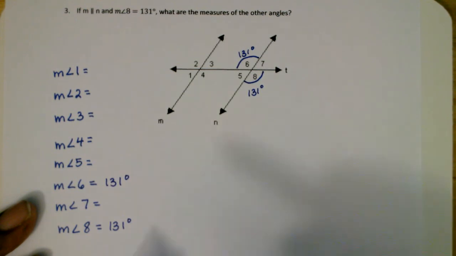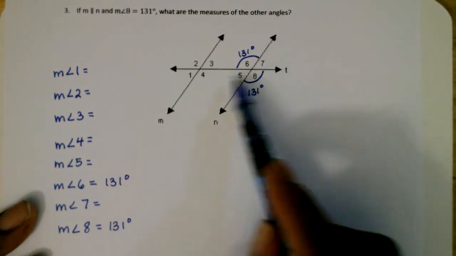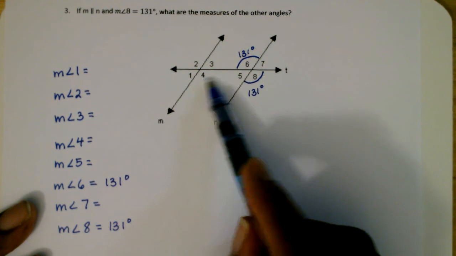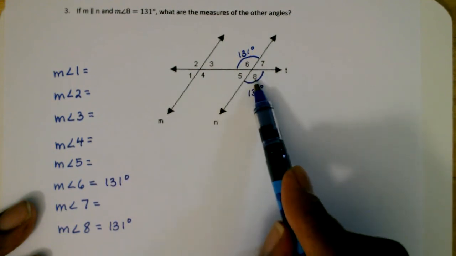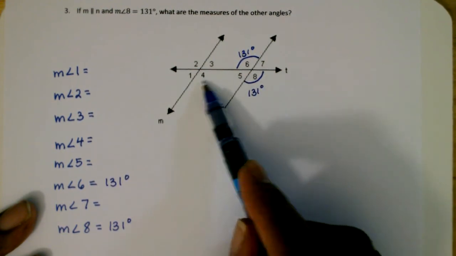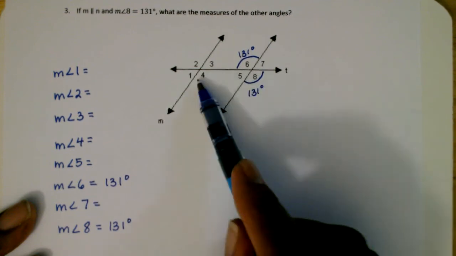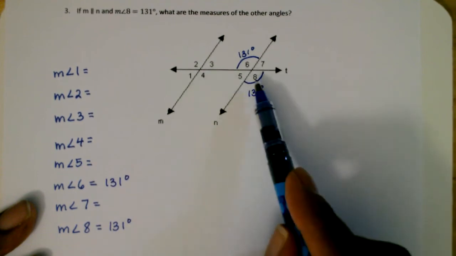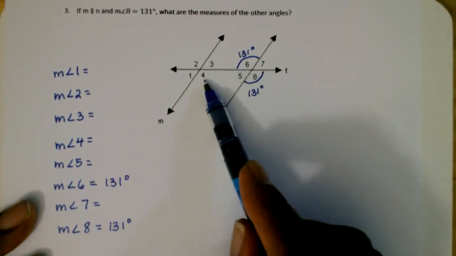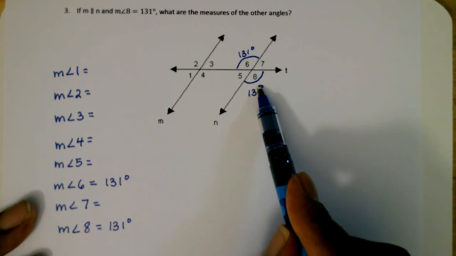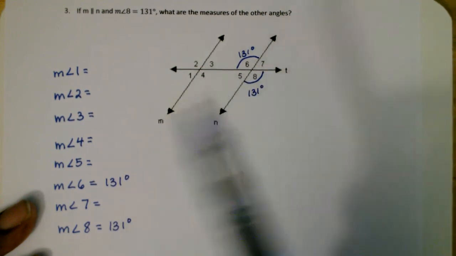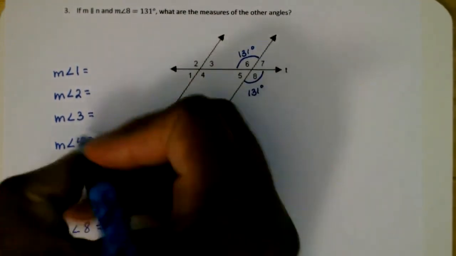And I also know something else here. If I compare angle 8 with angle 4, since lines M and N are parallel, I have corresponding angles. Corresponding angles are congruent in measure. So if angle 8 has a measure of 131, angle 4 must also have a measure of 131.